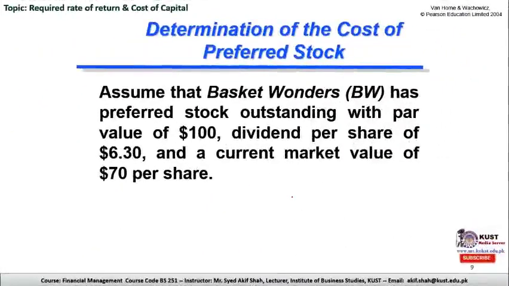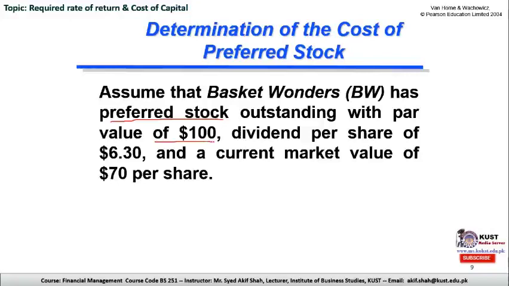Let's assume that Basket Wonder has preferred stock outstanding. What's preferred stock? It's already been explained to you that they get priority over common shareholders in dividend payment, and usually it has a fixed percentage of dividend to be paid out to the holders of these preferred shares. So Basket Wonder has preferred stock outstanding with a par value of $100.